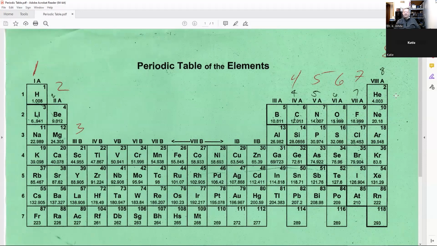Yep, it has 8 valence electrons. And krypton also 8 valence electrons. Now, there's one exception, and that's helium. Even though it says 8, it only has 2 electrons. So you can't have 8 valence, but that's the one exception, and we'll talk more about that at a later date.